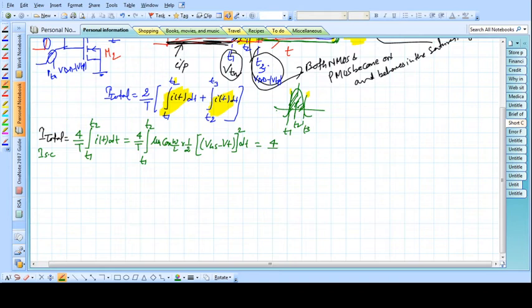We can write this as 4 by T, or beta by 2, into the integration from t1 to t2, of (V in(t) minus VT) whole square dt. Why are we writing V in(t)? Because this is the input, and it varies with respect to time.